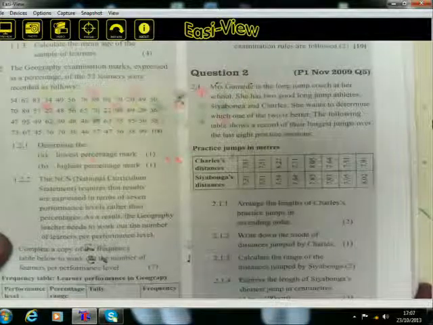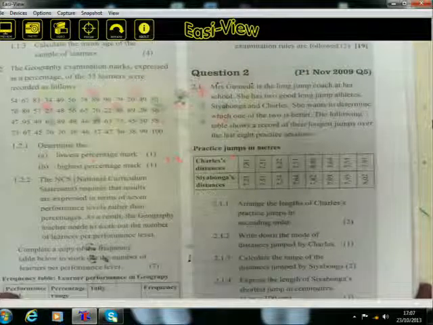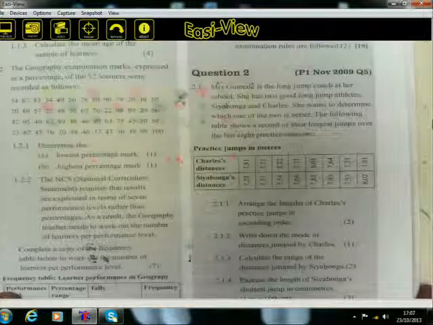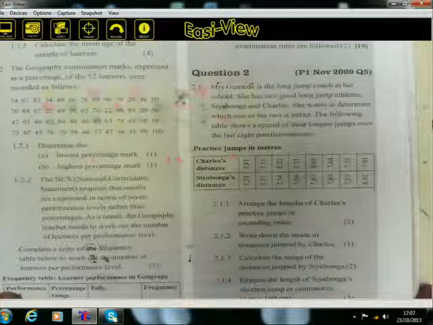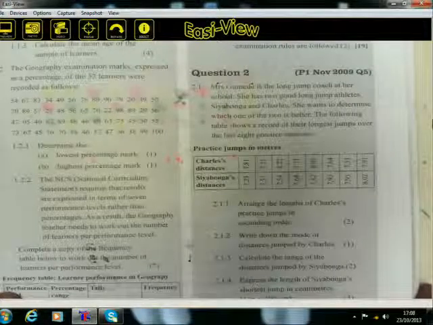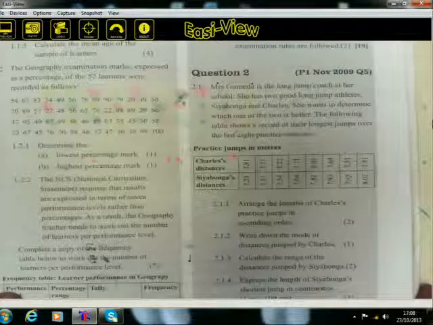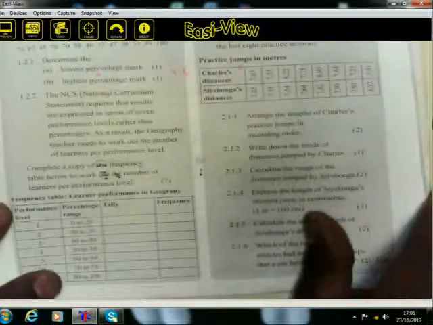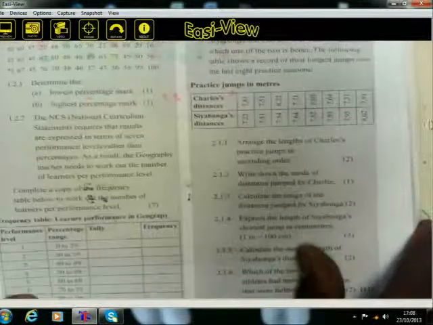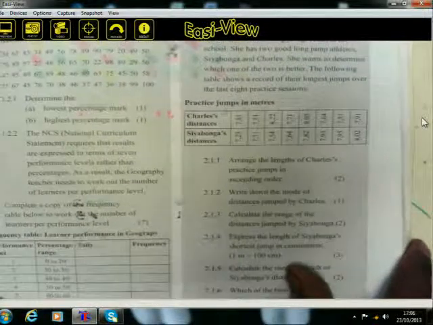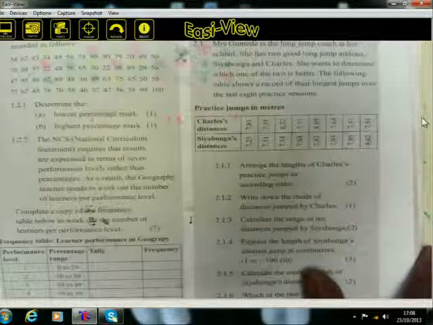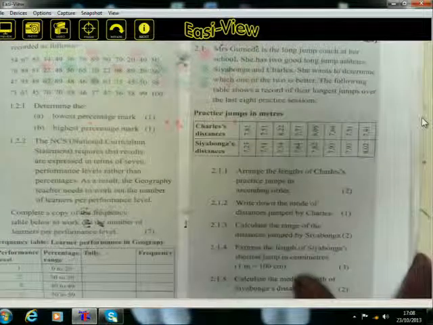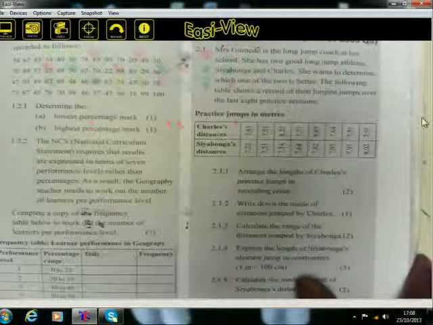Now, the first question says, determine the lowest percentage mark. The second one, B, highest percentage mark. And then 1.22 is 7 marks.